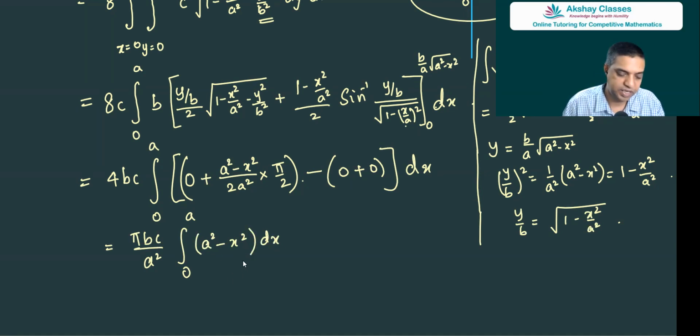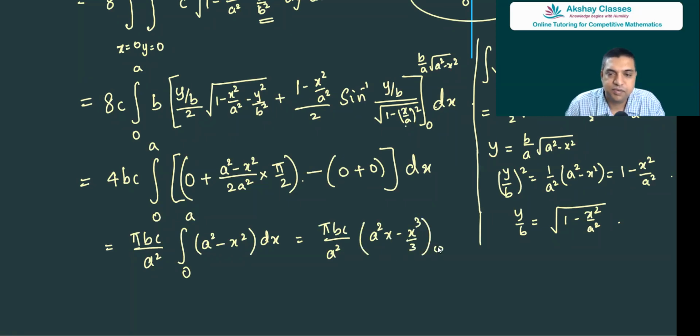So we get, I'm just seeing whether we have done it right. Yeah. So pi bc upon a square into a square x minus x cubed by 3 from 0 to a.